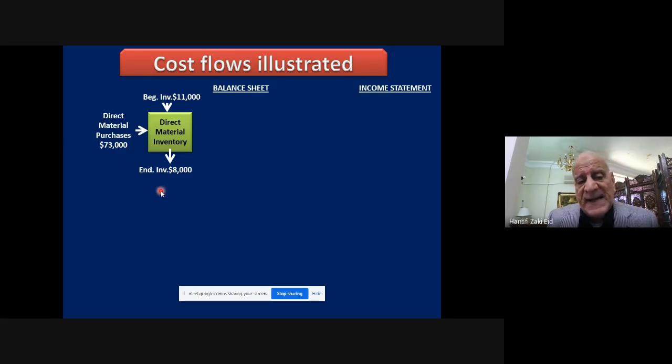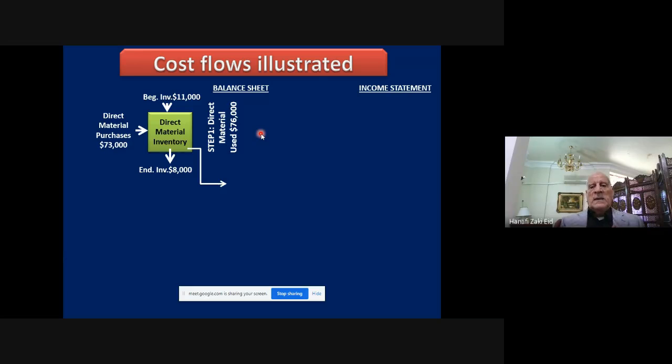When we subtract the ending inventory, which is 8,000, we can know that the quantity issued from the storeroom to be used in the factory in production will be 76,000. This is the material used.